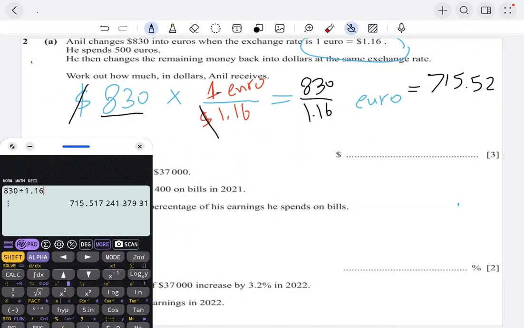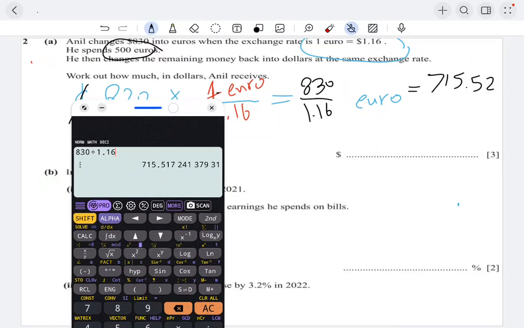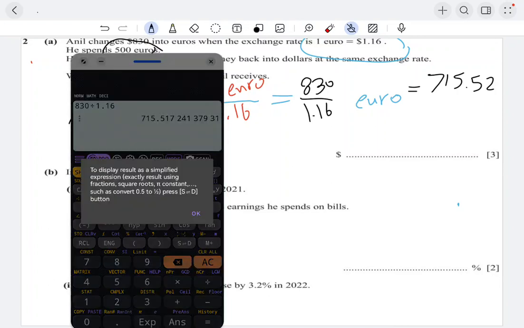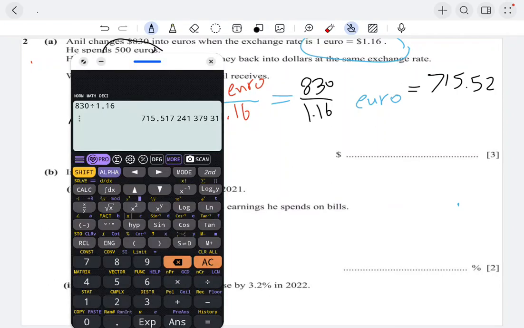He said he spent 500 euros. So I have 715.52, and I now want to subtract 500 euros.